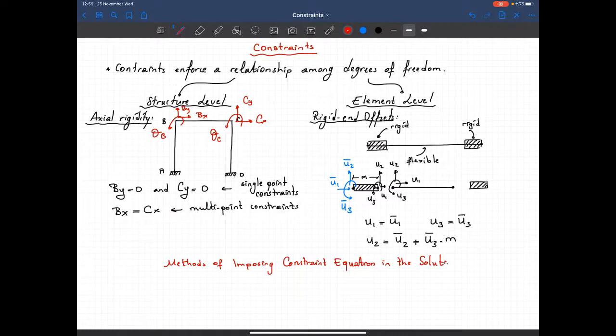So we have three ways, and within the scope of this class we will talk about the first two. The first method is transformation. The second method is penalty functions.